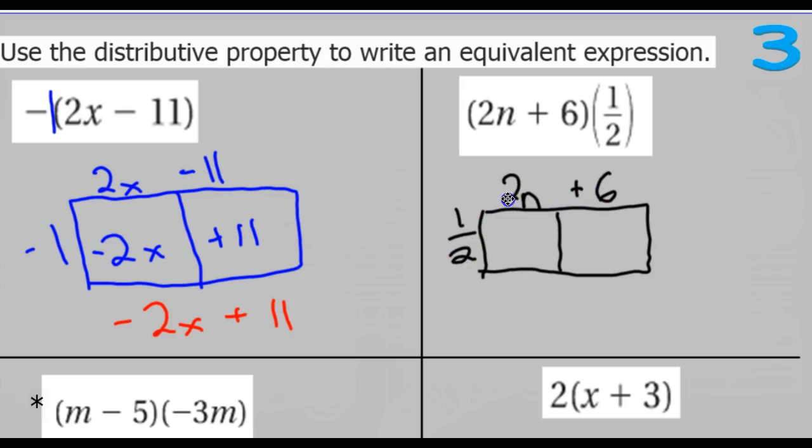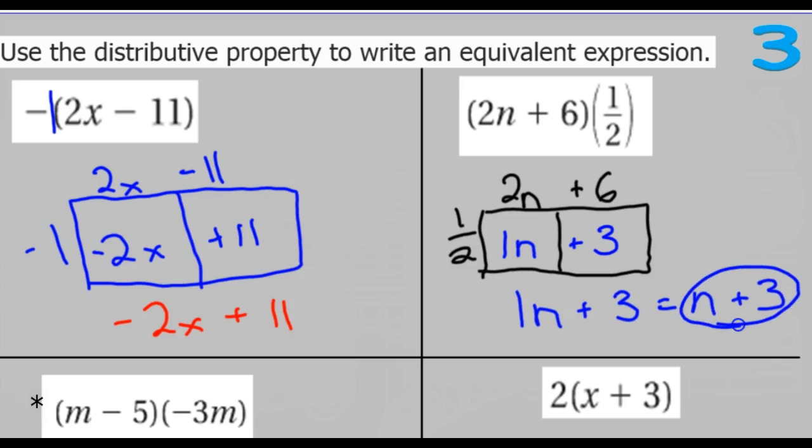So what is half of 2n? Well, that's just 1n. Half of 2 is 1. What about half of 6? Well, that's 3. So our new expression is 1n plus 3. Or, if you wanted to, you could just write n plus 3. Either way is fine. The n plus 3 looks the best.